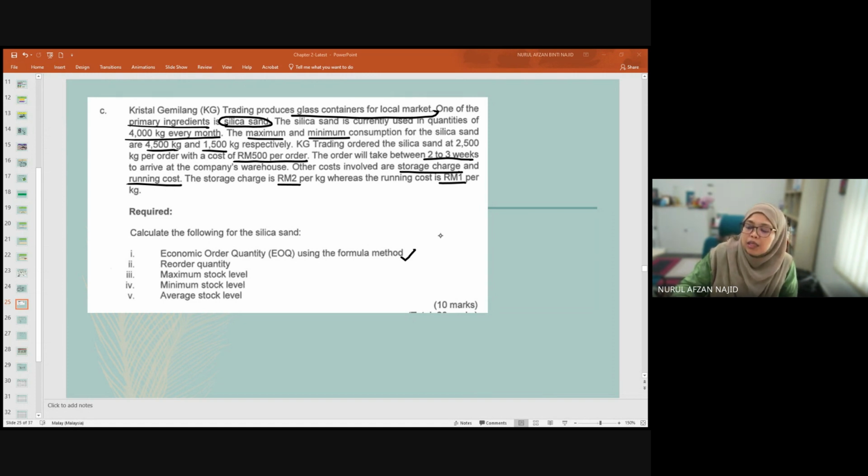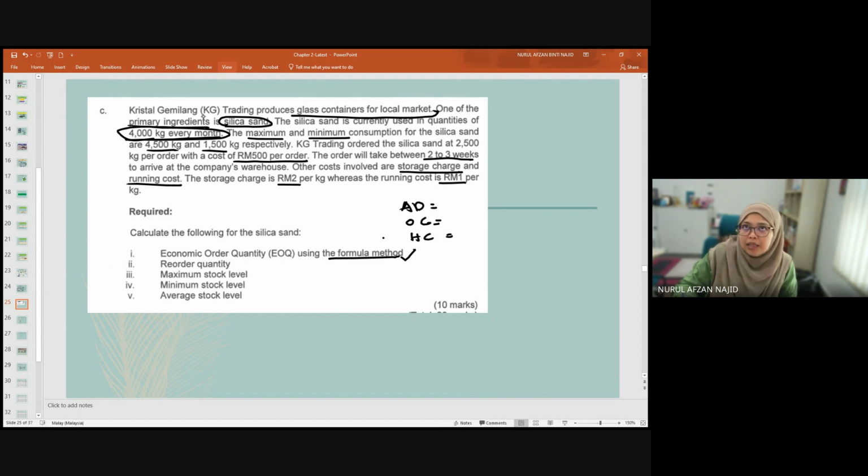Okay? So now economic order quantity menggunakan formula method. Bila menggunakan formula method, you kena cari AD dia berapa, ordering cost dia berapa dan holding cost dia berapa. Baru masuk dekat dalam formula. So now AD dia, kalau you tengok dekat atas ni, dia bagi tahu currently used in quantity of 4,000 kg every month. Kita nak annual.